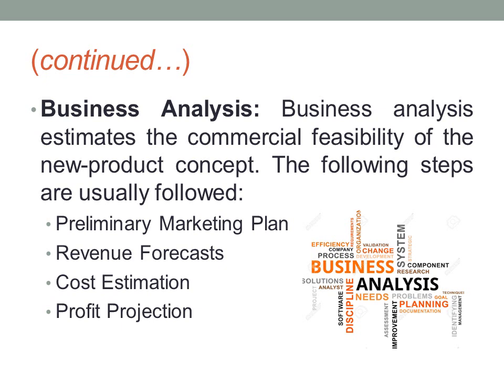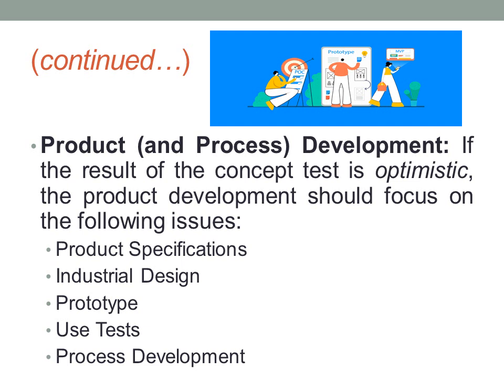If the new product concept is found to be profitable enough in this very stage of business analysis, then we'll move on to the next step. The next step is concerned with product and process development. We have already made the point very much clear to you. If the result of the concept test is optimistic, that means if the results of the previous steps are positive, the product development should focus on the following issues.